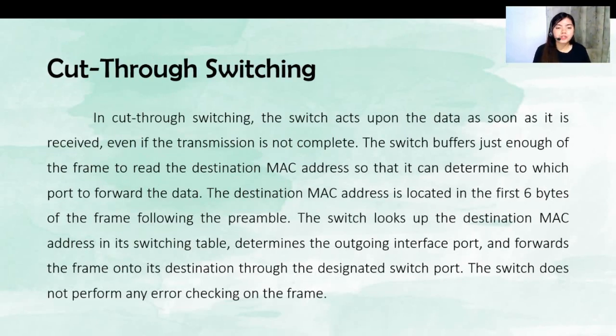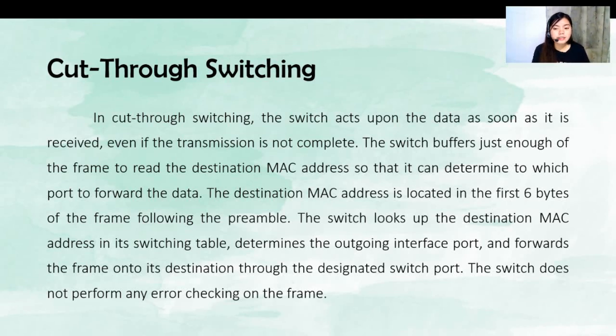Cut-through switching. In cut-through switching, the switch acts upon the data as soon as it is received. Even if the transmission is not complete, the switch buffers just enough of the frame to read the destination MAC address so that it can determine to which port to forward the data.